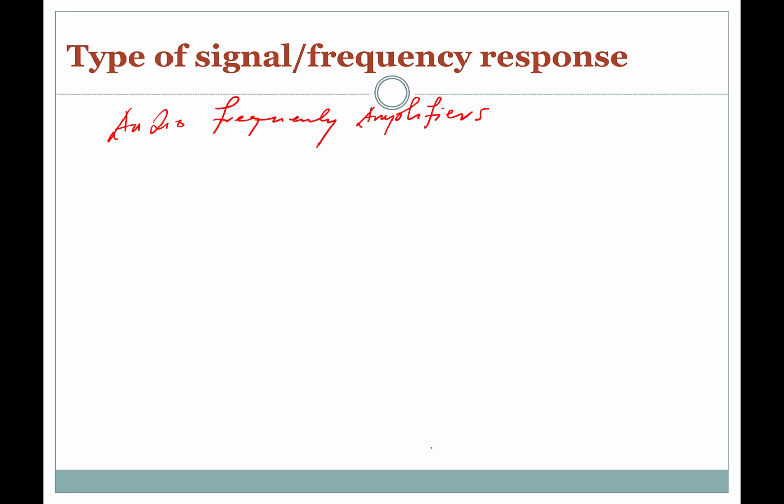So audio frequency amplifiers are used to amplify signals in the range of human hearing. The frequencies within the range of human hearing are from 0 kilohertz to approximately 20 kilohertz.